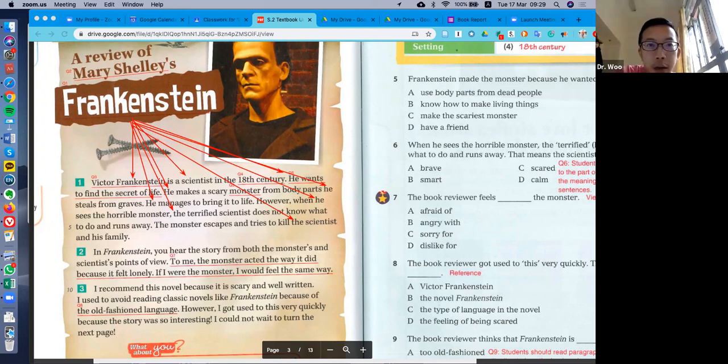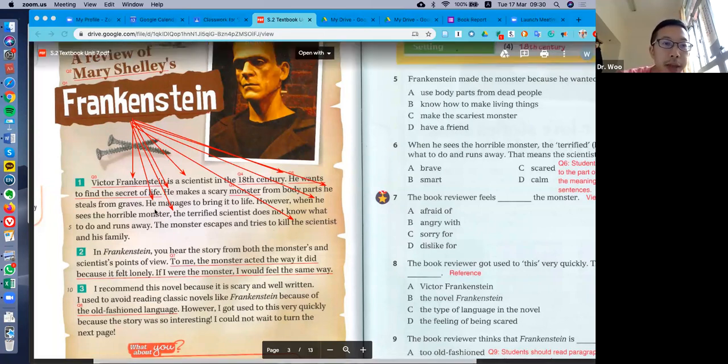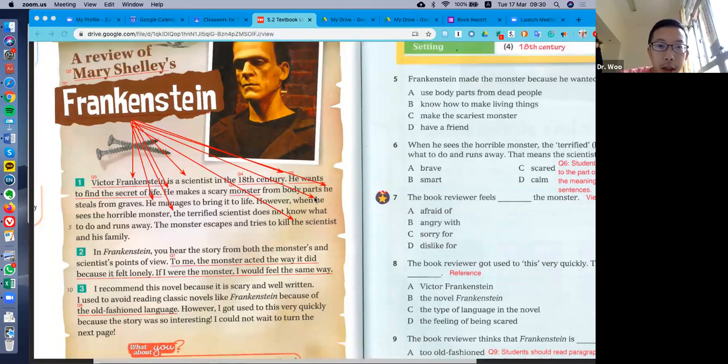Two questions. Jermaine, is Frankenstein a man or a woman? Yes, he's a man. And we know this because if you look at the arrows, I point to he. And he is a pronoun for a man. Okay. So tell me, how many characters are in the story?